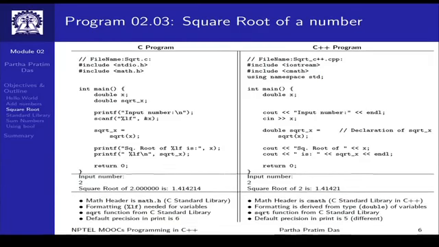This c means that the standard library header is coming from the C standard library, and the other difference is that you drop the .h extension, you just call it cmath.